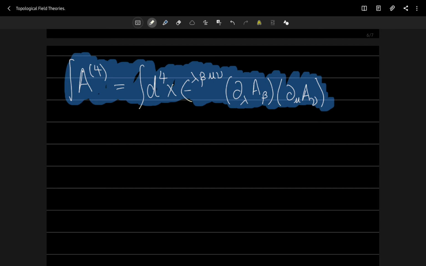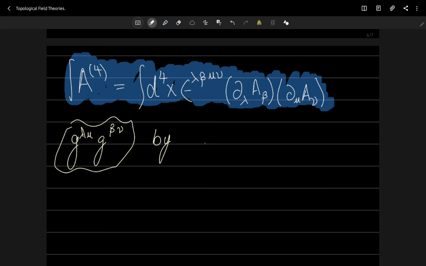But what we did is essentially we replaced the index contraction with G lambda mu times G beta nu by the index contraction with epsilon lambda beta mu nu. You can see it over here.